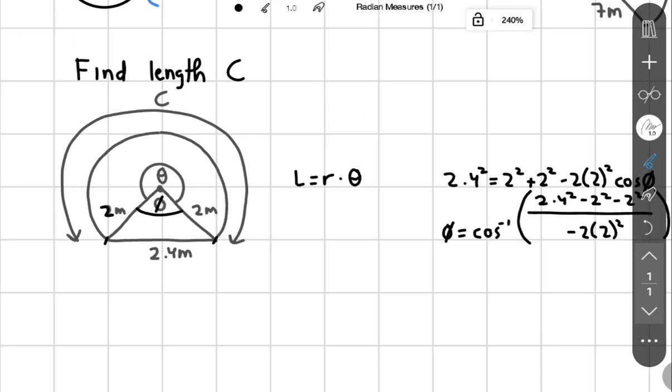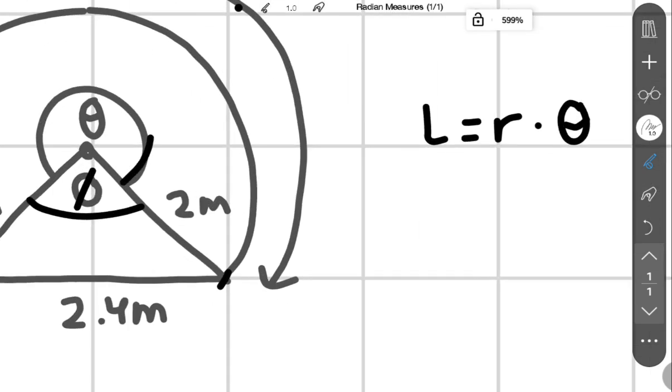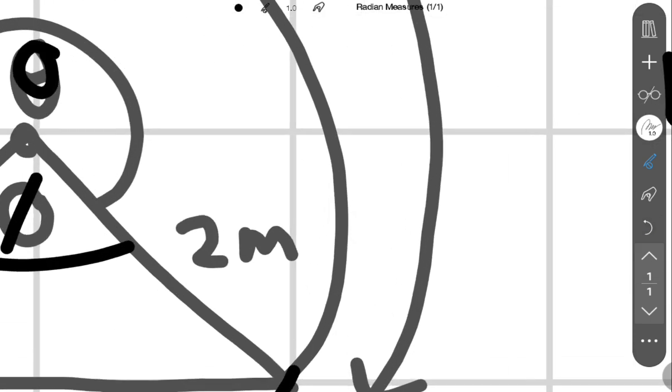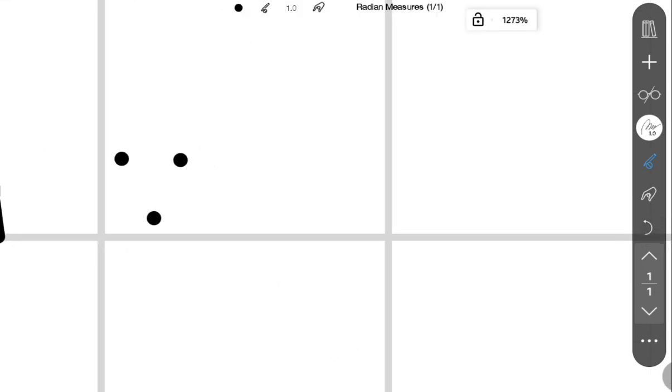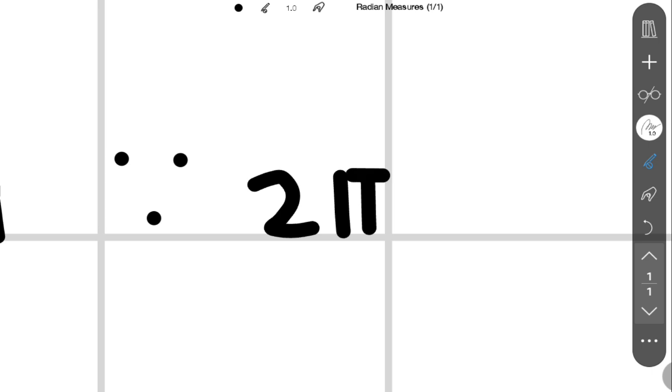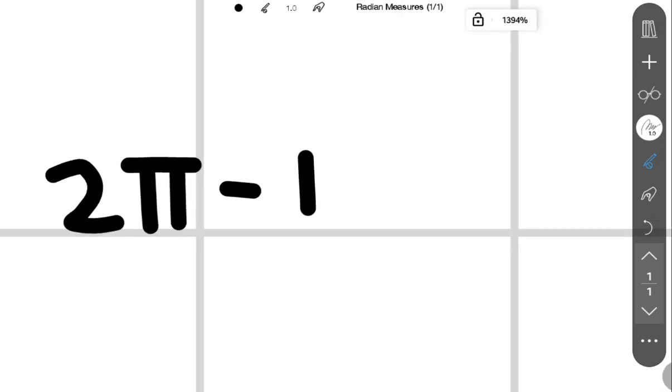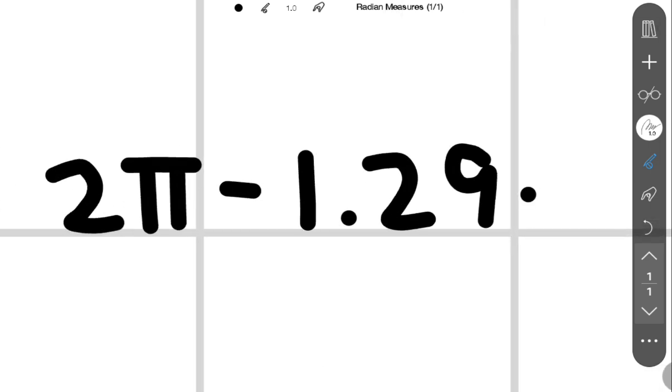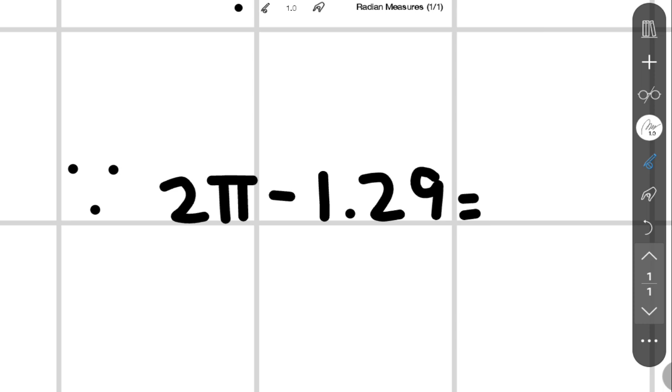So we can now say that phi is equal to 1.29 radians, and let's subtract it from 2 pi radians, so we can find what theta will equal. Therefore 2 pi minus 1.29, and let's calculate that.